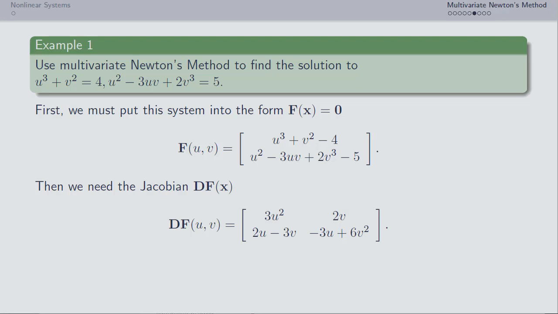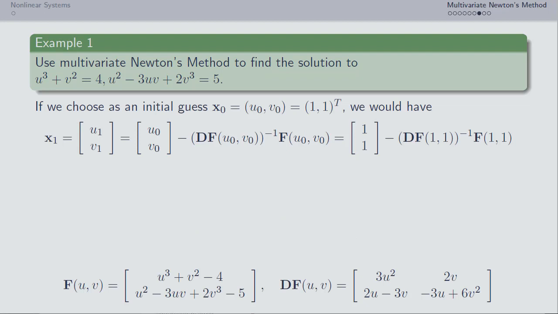For the second equation, u squared minus 3uv plus 2v cubed minus 5, the partial with respect to u has 2 terms: it's 2u minus 3v, and then the partial with respect to v is minus 3u plus 6v squared. So that's our Jacobian.